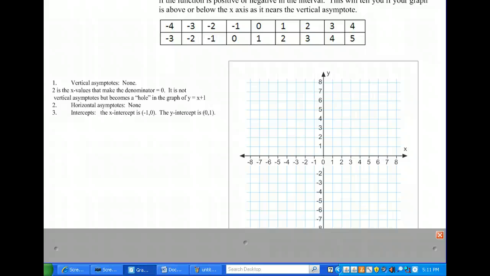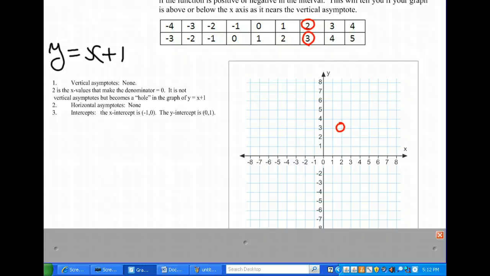If we look at the table that we created above, all we did was take our original function, which after canceling becomes y equals x plus 1. When x is equal to 2, we'll notice that the y value is 3. So there is a hole in the function at (2, 3), and there's our hole.